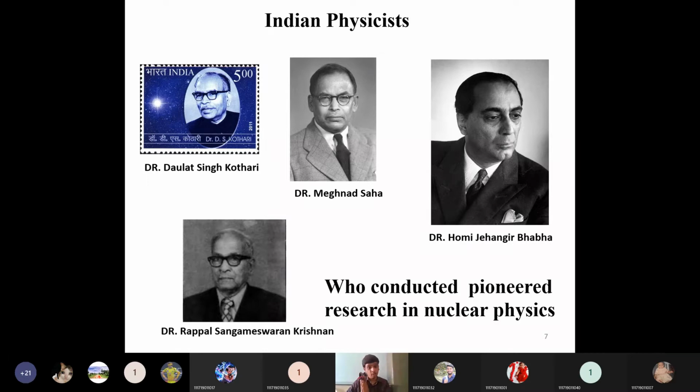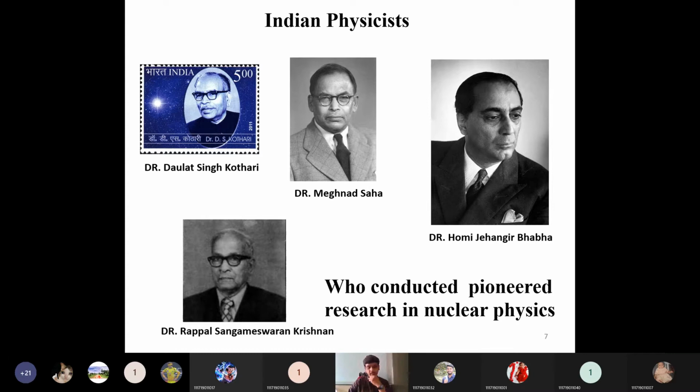He is a well-known Indian astrophysicist, known for his work on the Saha ionization equation. He found the Saha ionization equation, and he was also a Parliament member of India around the 1950s. The Saha Institute of Nuclear Physics in Calcutta is named after him.